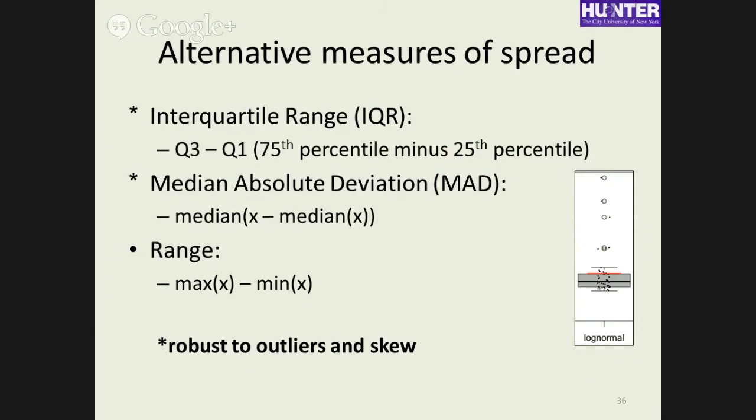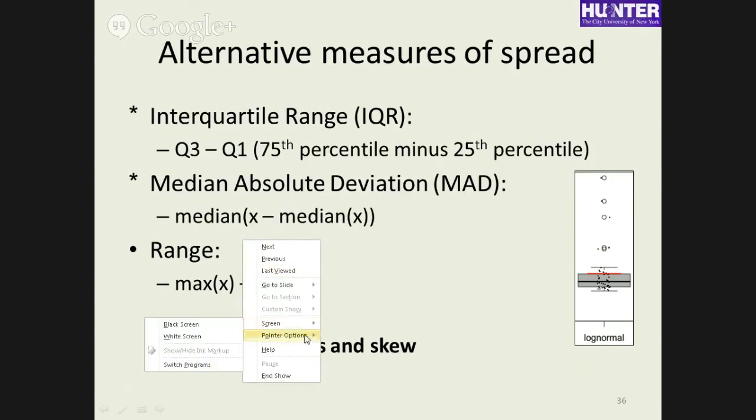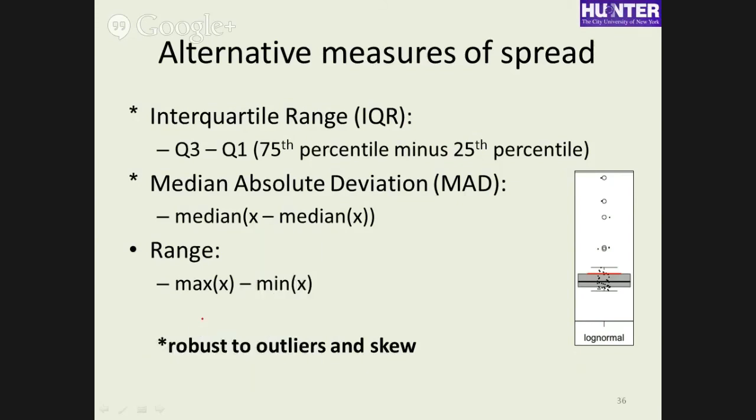Yes? Regarding the formula for the median absolute deviation, it's median of x minus b. Yeah, so if x are all of your observations, we should probably put a subscript here, and really there would be a summation here too.